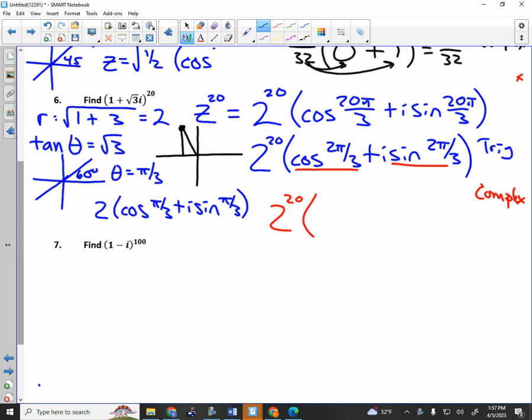What is that terminal point? Negative 1/2 and root 3 over 2. Which one is cosine, the x or the y? X. So I get negative 1/2 plus i root 3 over 2. That's complex form.